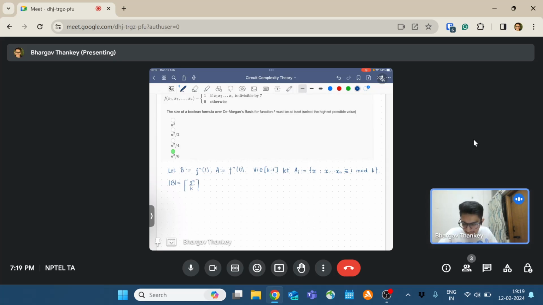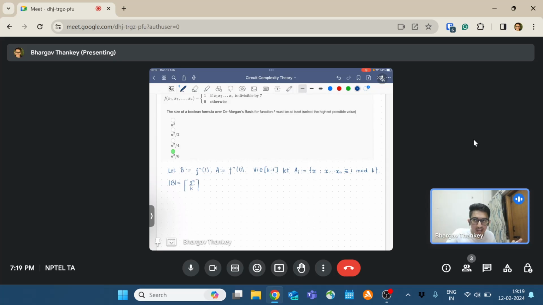Okay, so let k be anything. Let's try some value of n and k. I tried 7 for this. This works for 7, but I think it would be better if we do it for general k. So let k be anything. 0 would be in B. Then k would be in B, 2k would be in B, 3k would be in B, and so on.